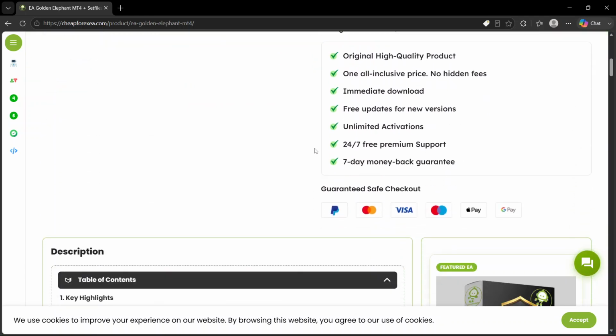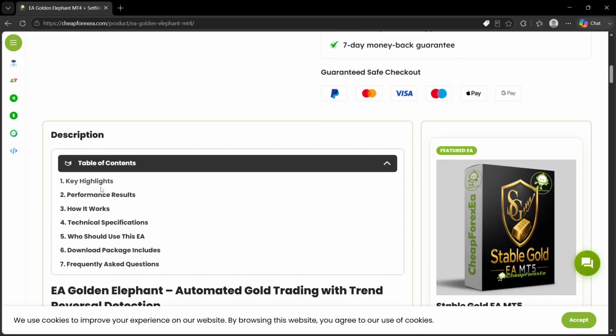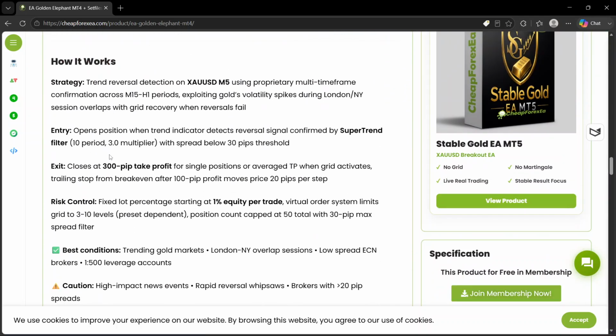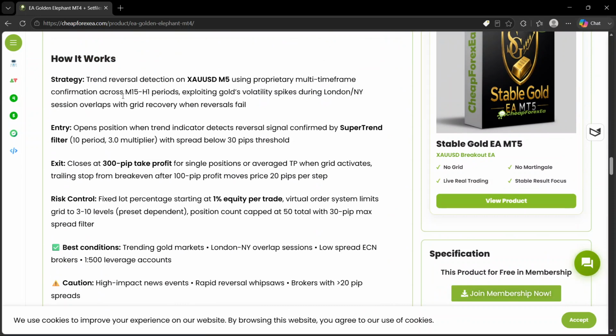Now the developer positioned this as a specialized gold trading system for gold USD. They said the algorithm is built to detect trend reversals on the gold pair on the M15 and M5 time frames, filter out market noise, and generate precise entry points.